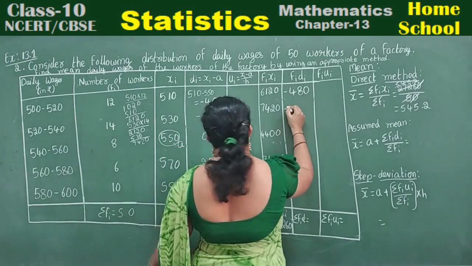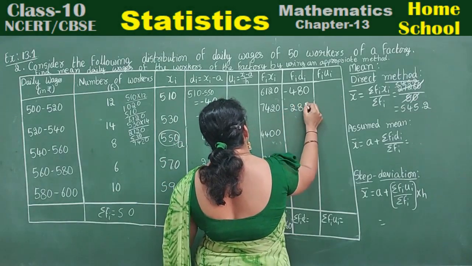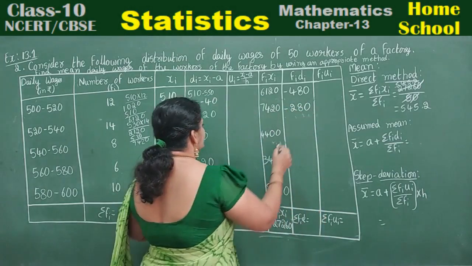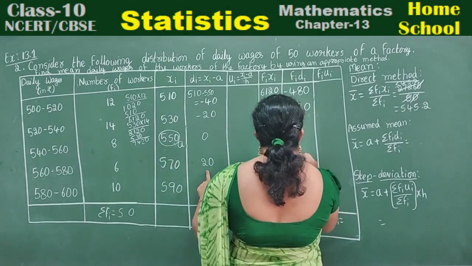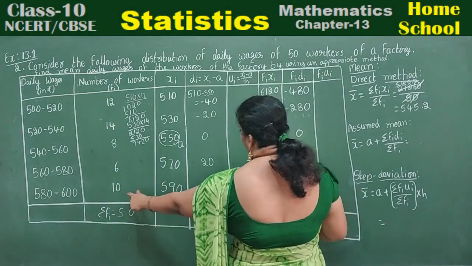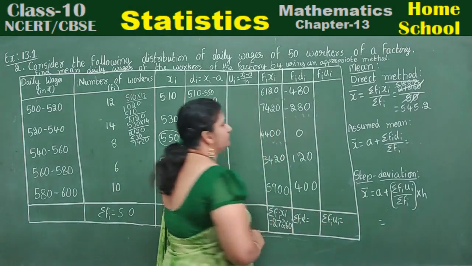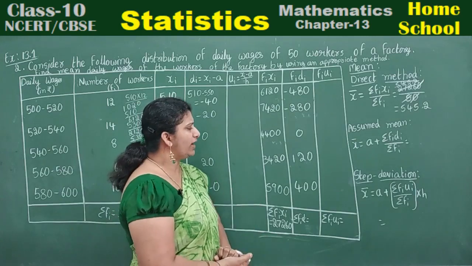We take minus. 14 2s are 28, right? So 14 20s are 280. 8 into 0, 0. 6 into 20, 120. Then 10 into 40, 400.